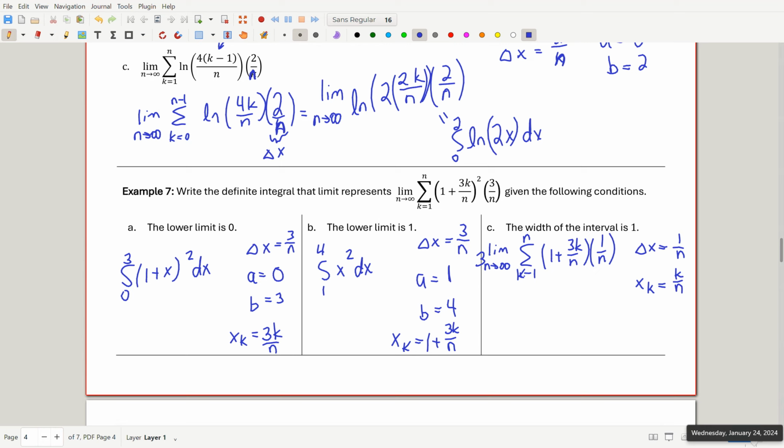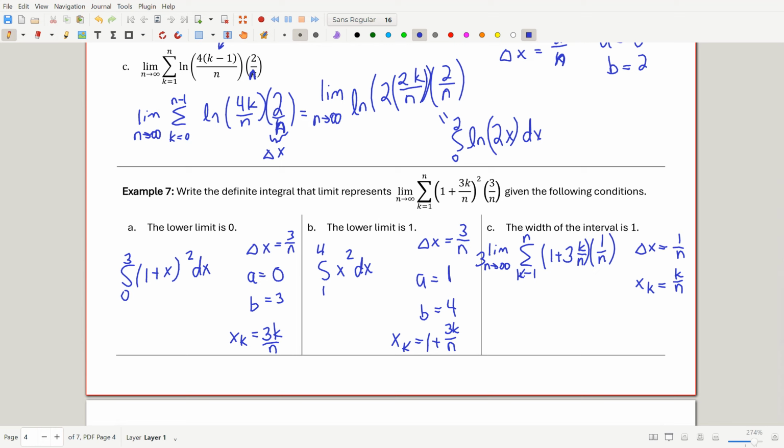Or do we want to do, actually, sorry, so actually we have a choice here. Do we want our xk to be, oh, no. All right, no, our xk has to be k over n. So we're going to think of this as 1 plus, I'm going to rewrite that so the 3 is out in the front. This one always throws me, too. There it is.